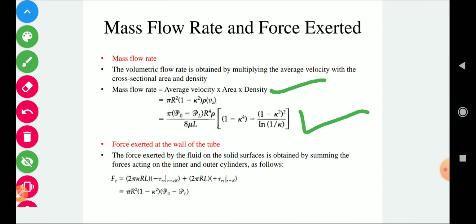The force exerted by the fluid on the solid surfaces is obtained by summing the forces acting on the inner and outer cylinder as follows.